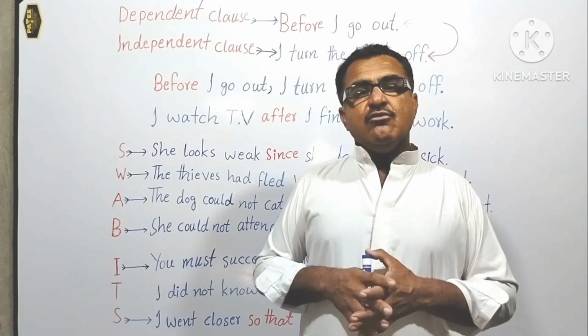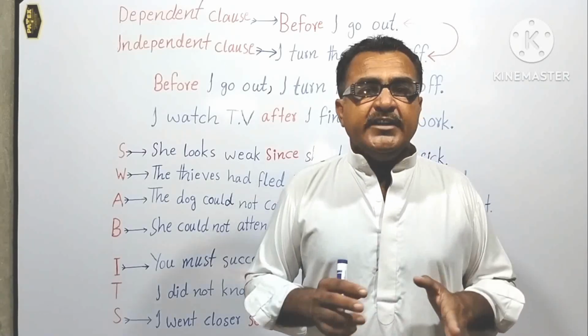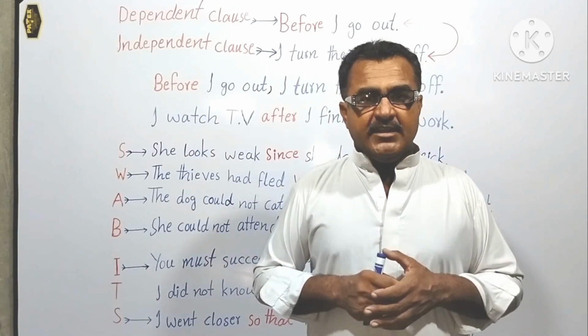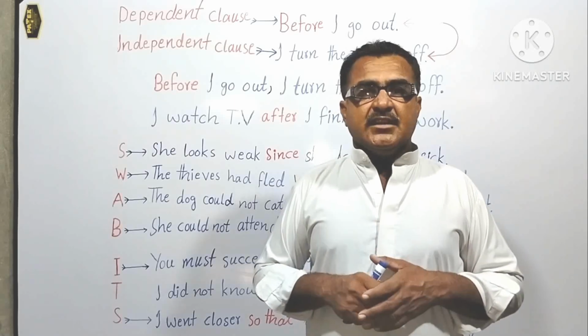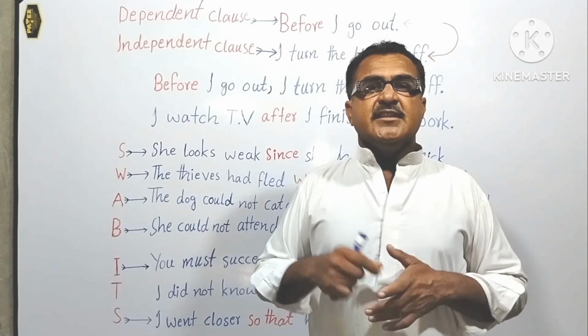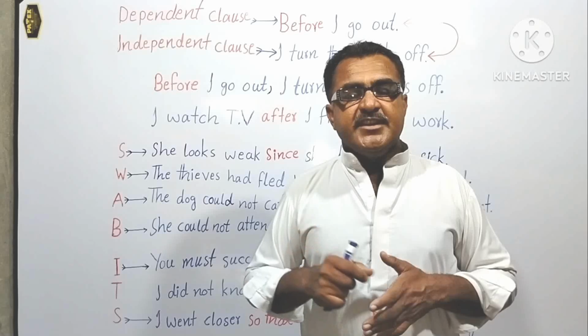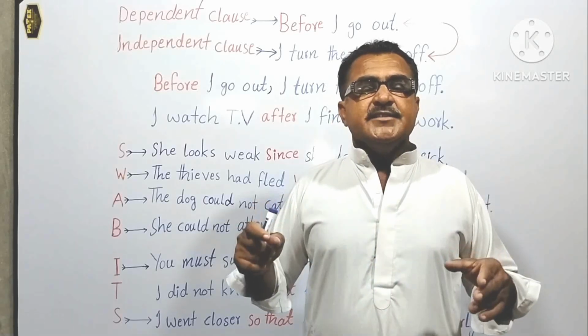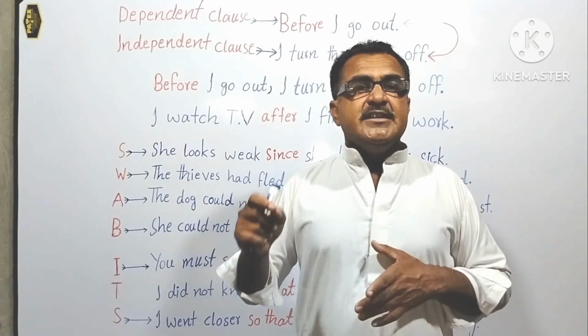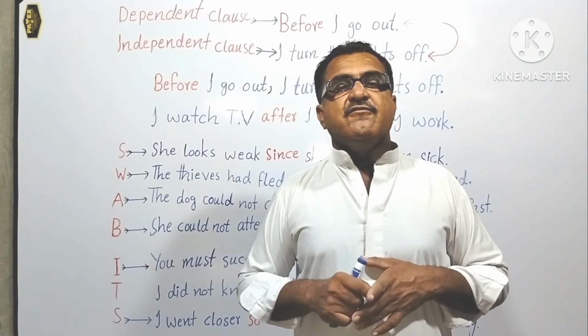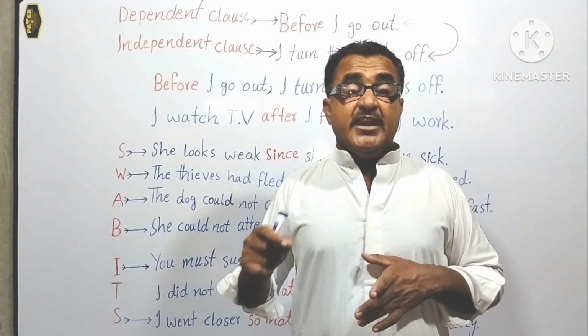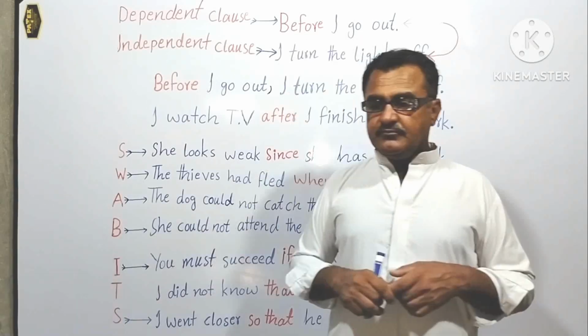So now let's know a little bit what a dependent clause is. A dependent clause is a clause, a sentence that cannot stand alone, that is incomplete. It needs the help of an independent clause.